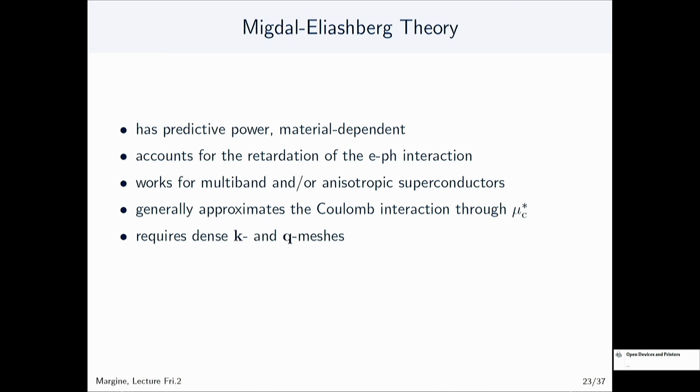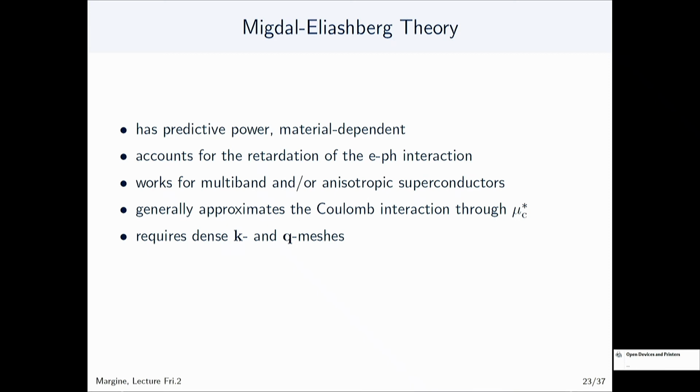So as a summary for the theory, we can say that Migdal-Eliashberg theory has predictive power, so it's material dependent. In fact, I mentioned at the beginning the Migdal approximation. It accounts for the retardation of the electron-phonon interaction. If you solve the equation in the anisotropic form, you can use it for anisotropic superconductors, in other words, for multiband superconductors.